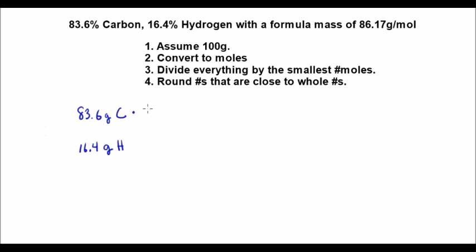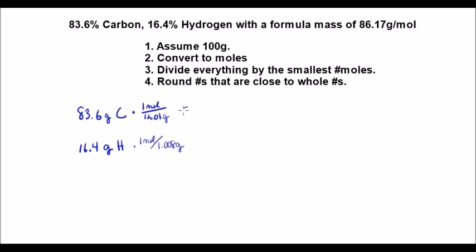Okay, the next thing we need to do is to convert this to moles. So just using the method that you've already learned, you'd say 1 mole of carbon is 12.01 grams of carbon. And hydrogen, 1 mole of hydrogen is 1.008 grams of hydrogen.